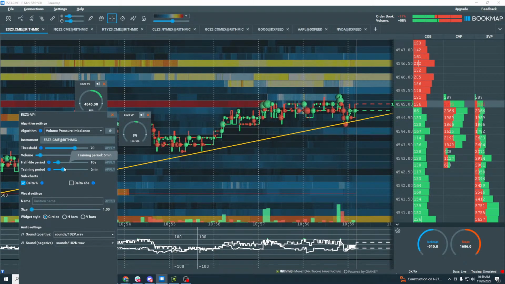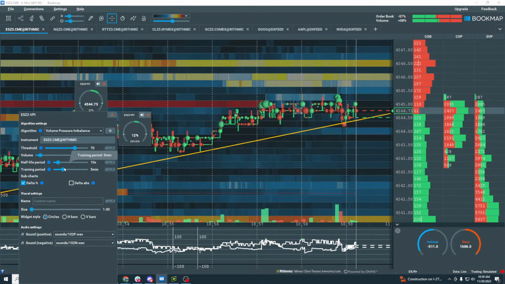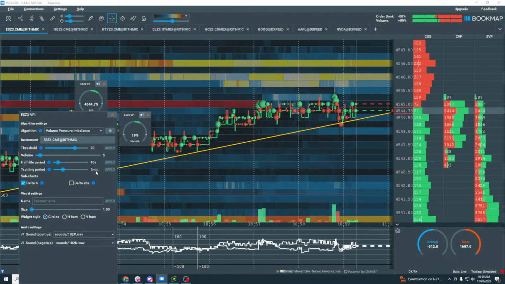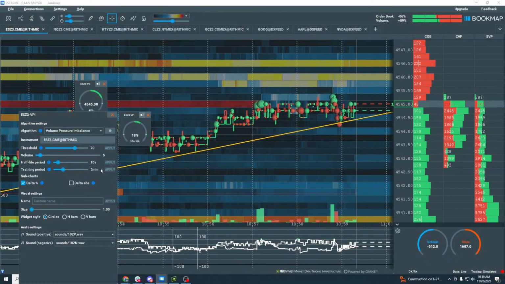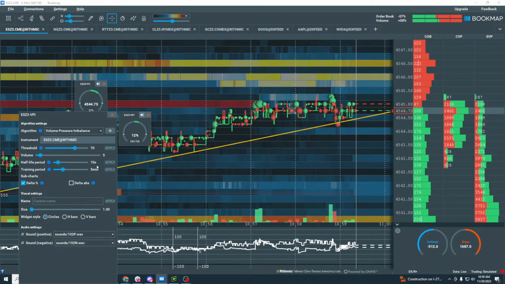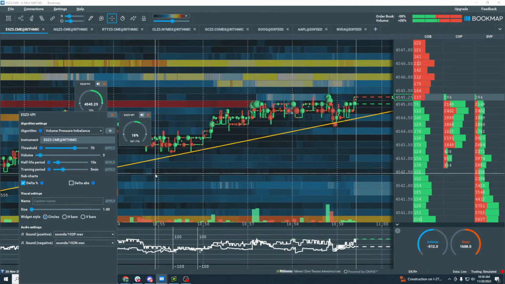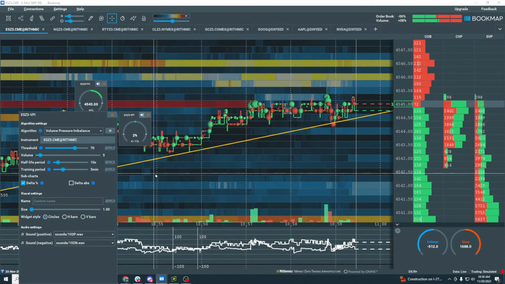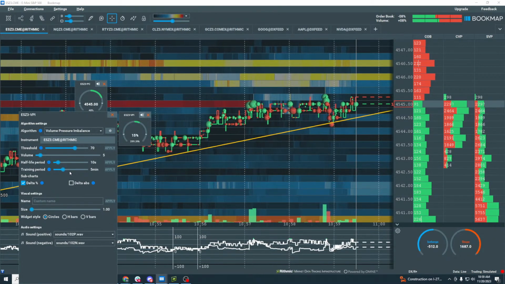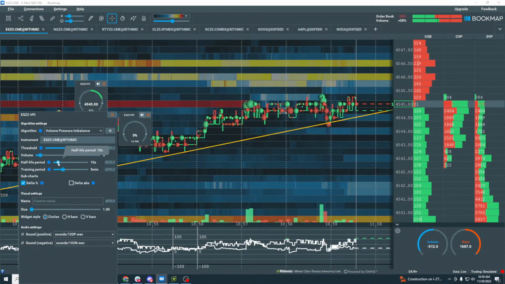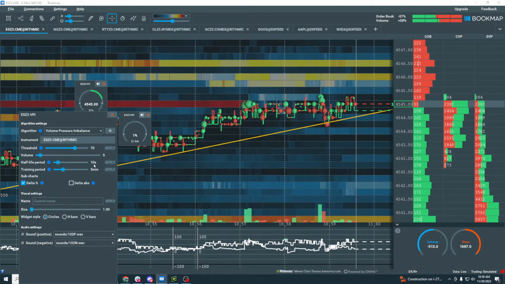Training period means it's based off of 5 minutes here in this case, which you can change. But it's based off of 5 minutes of data, a constant 5 minutes, always 5 minutes. Once a second passes by, it's the next 5 minutes, including the new second. So it's a sliding window of data. And then the half-life period is also sliding, but it's 10 seconds.